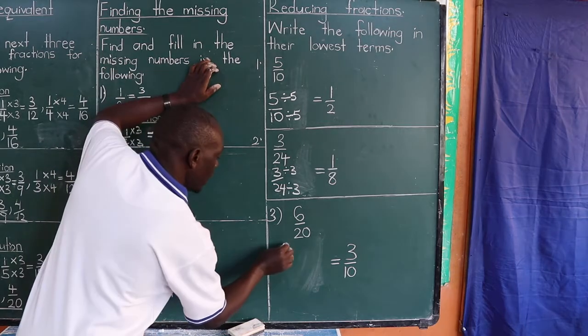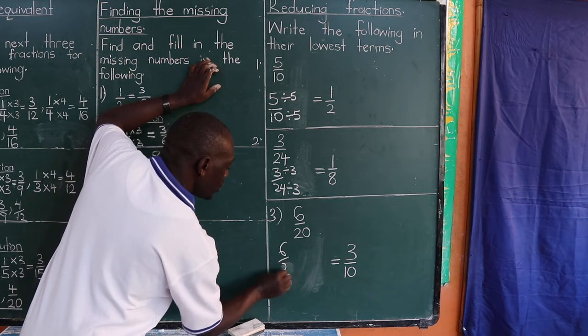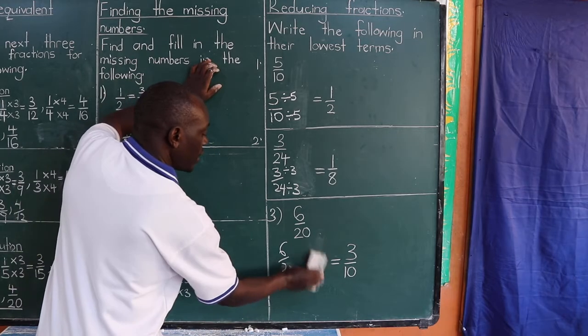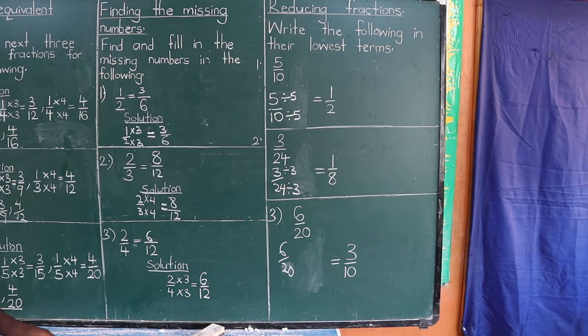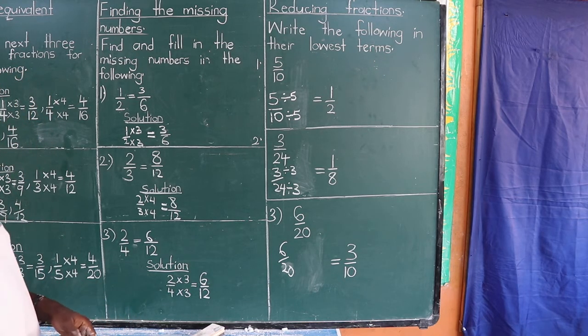So we go 6 out of 20, and then look out for the common divisor. Which number divides both 6 and 20 without leaving a remainder? Of course, there are not many. 2 can work.